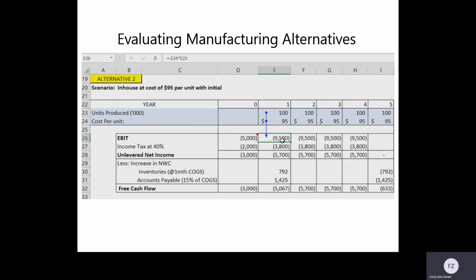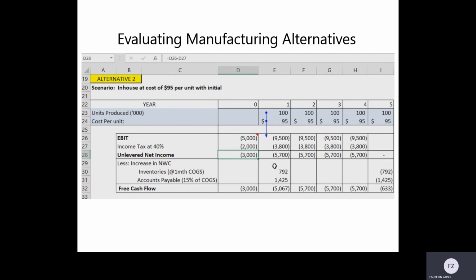So the actual EBIT is simply the cost itself, reflected as a minus 9.5 million. Every one of them is minus 9.5 million, and then you have your income tax, which is 40%, and then your unlevered net income is all these amounts here. But at the same time, we already noticed that we have to invest the upfront cost of 5 million, and as a result, with the income tax at 40%, the unlevered net income is around 3 million.